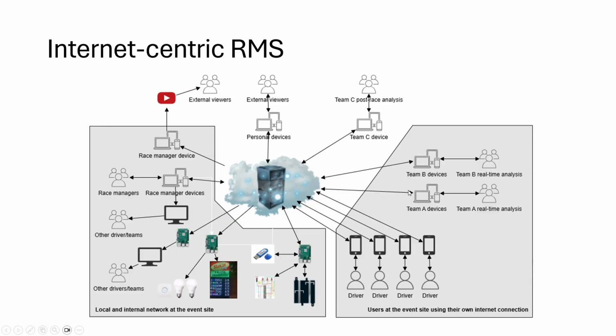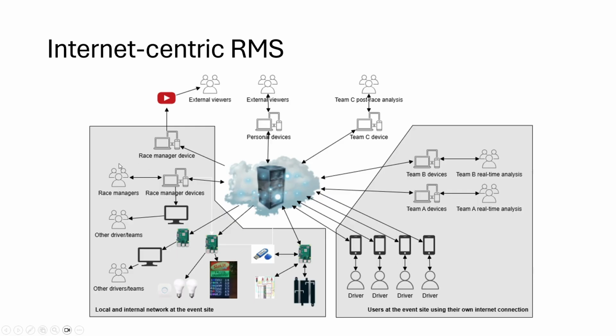So this is a little bit different because, well, where do all these people connect? You can connect to the same local area network that you have as a race manager, but you don't necessarily need to. And you typically don't want to do that if you have a race event with maybe 50, 60 drivers divided into teams.